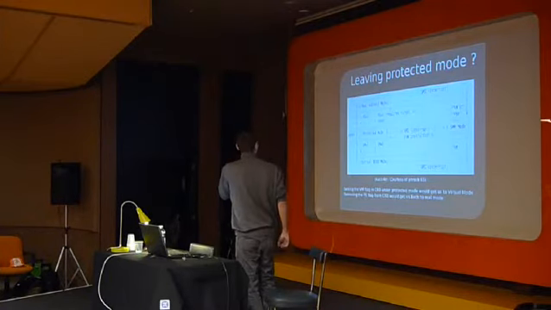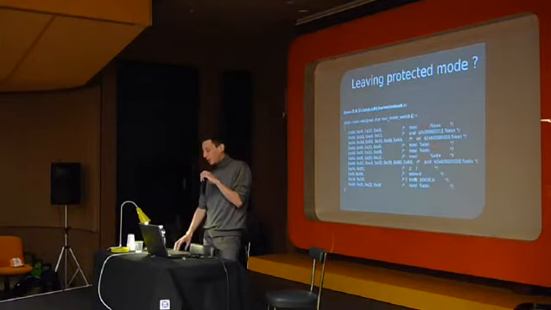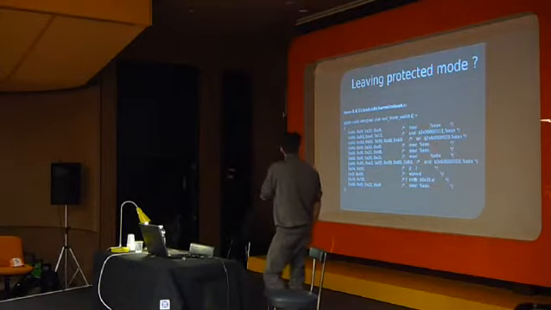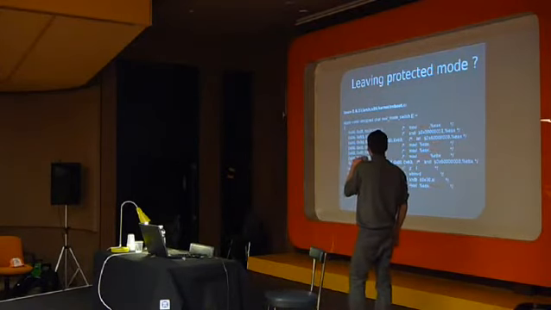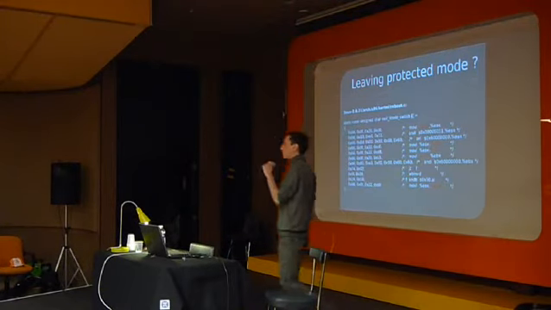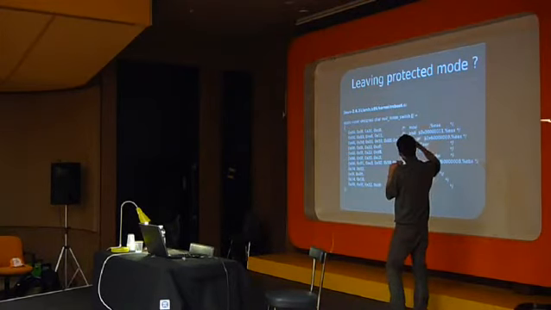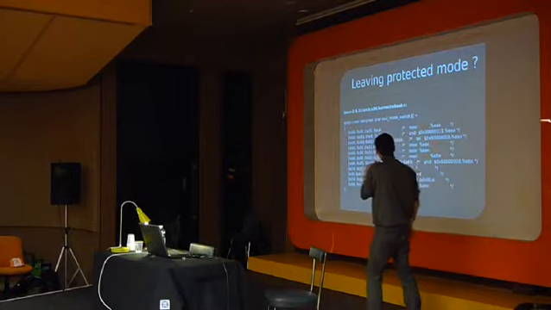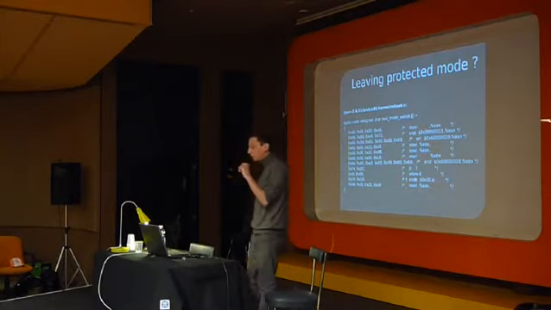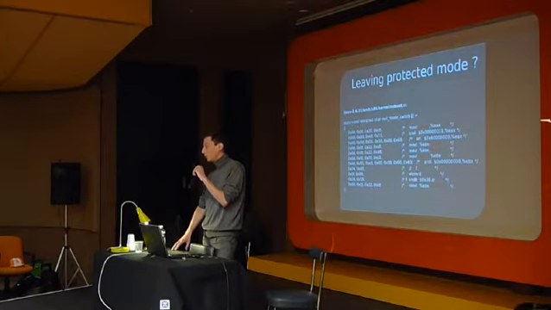You need an SMI interrupt or something like that, and it's typically disabled in most BIOSes nowadays. This is taken from the Linux kernel, and this is a switch from protected mode to real mode. So what we see is that by manipulating the control registers 0 and 3, it is typically possible to get back to real mode.